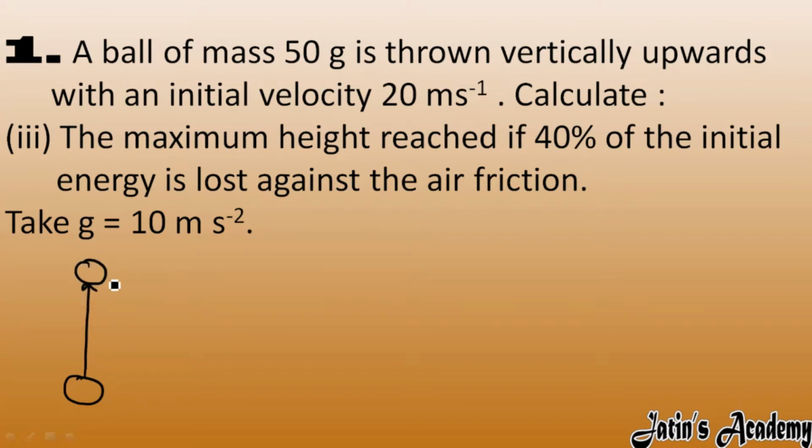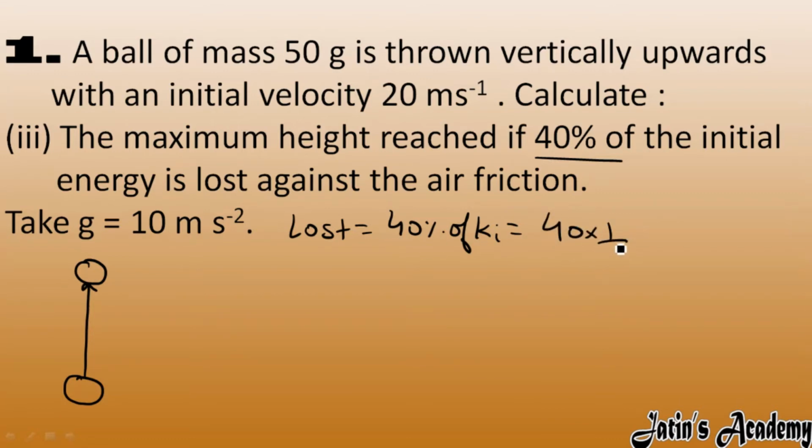This energy is 40%, meaning 40% of the initial kinetic energy is lost in the air friction. So 40% means 40 into 1 by 100 multiplied by kinetic energy. The initial kinetic energy we calculated is 10 joule. So from here we got 4 joule energy is lost.